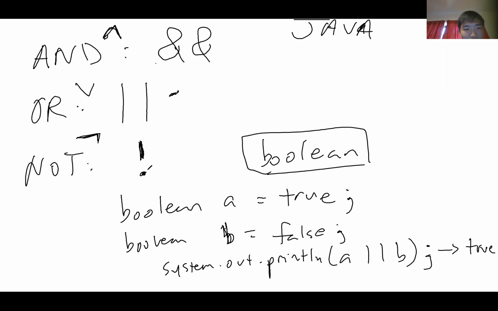But it's an exclamation point for not, so you put an exclamation point. So if I want to print not B, right? I write it like that, and it'll print true.